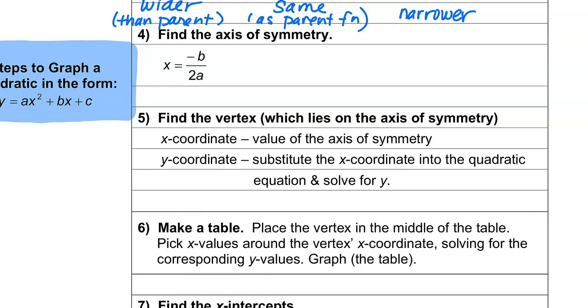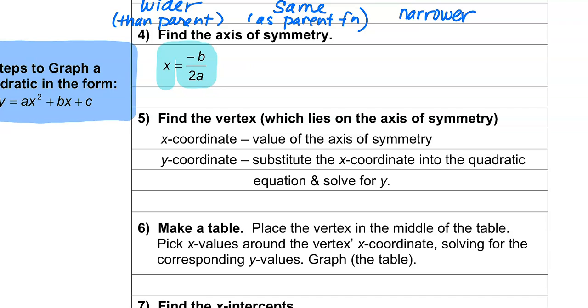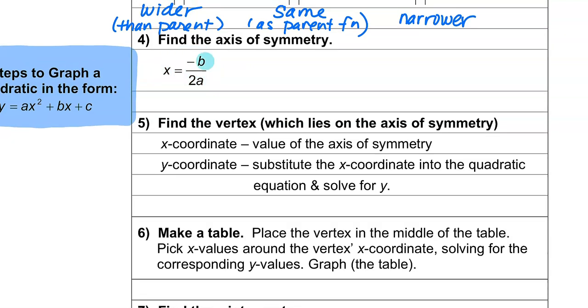So here is the opposite of B over 2A. That's the x-coordinate.